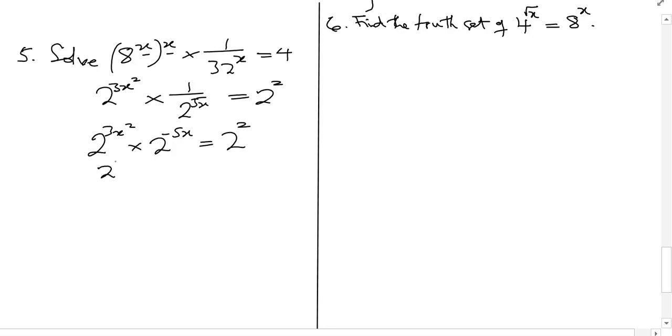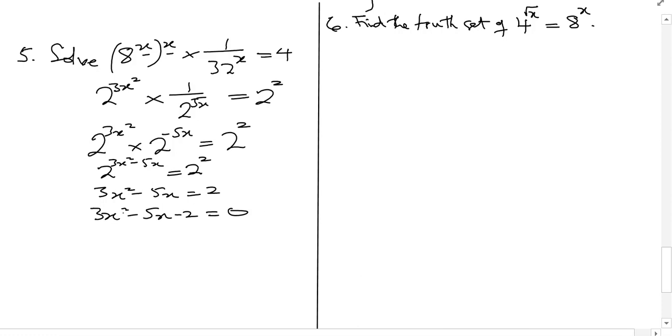That is 2 to the power 3x squared minus 5x, which is equal to 2 to the power 2. Then equating the exponents, because the bases are now the same, I have 3x squared minus 5x to be equal to 2. And that will give me 3x squared minus 5x minus 2.